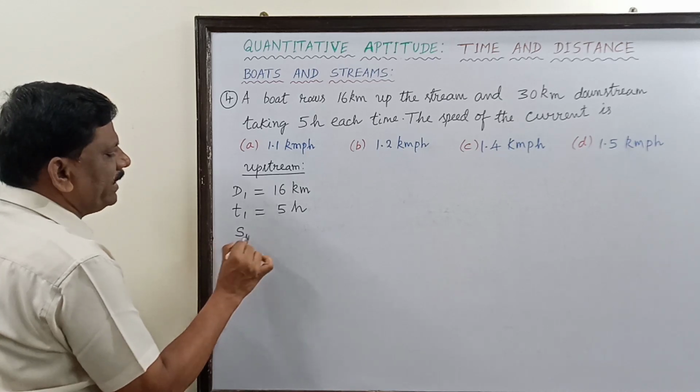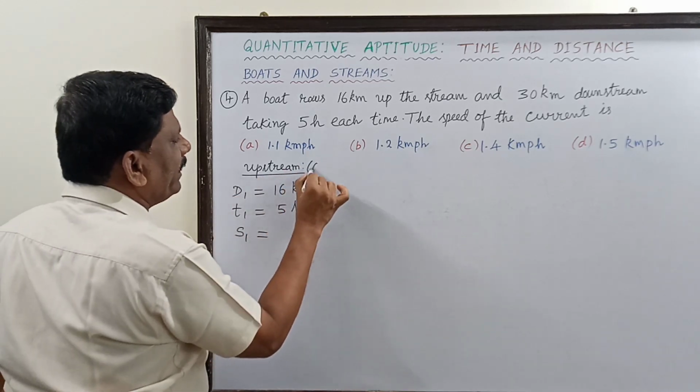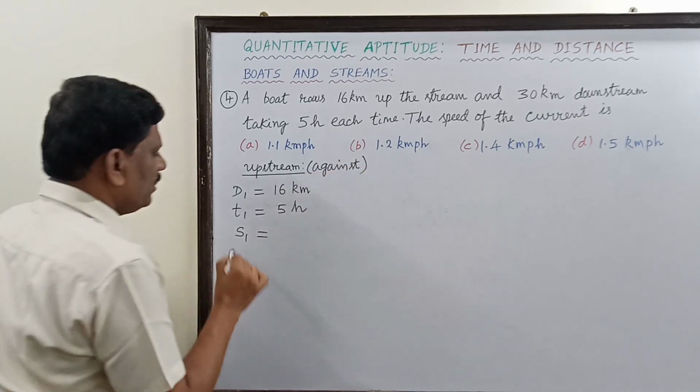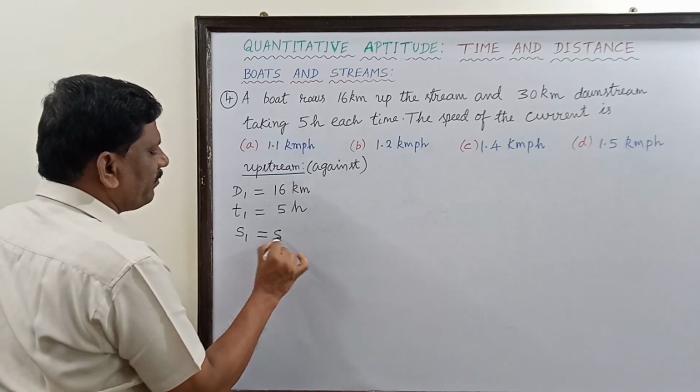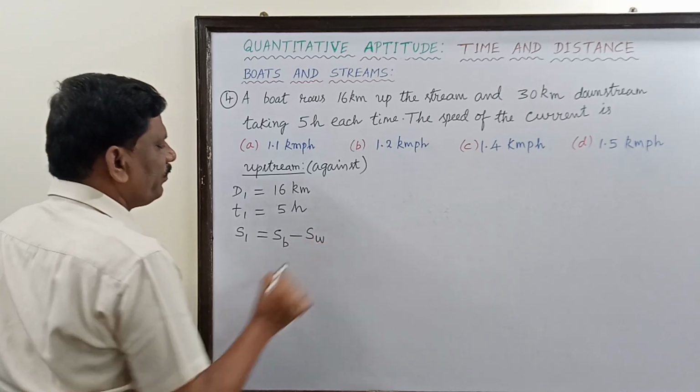And the relative speed for upstream, upstream means what? Against the current. So this must be equal to what? The speed of the boat, SB minus S water.